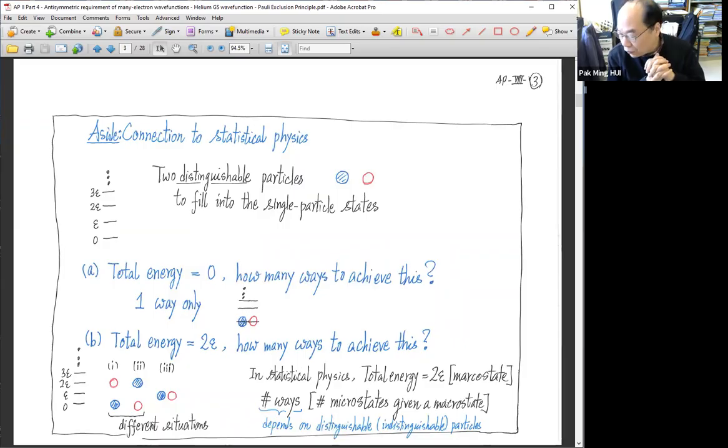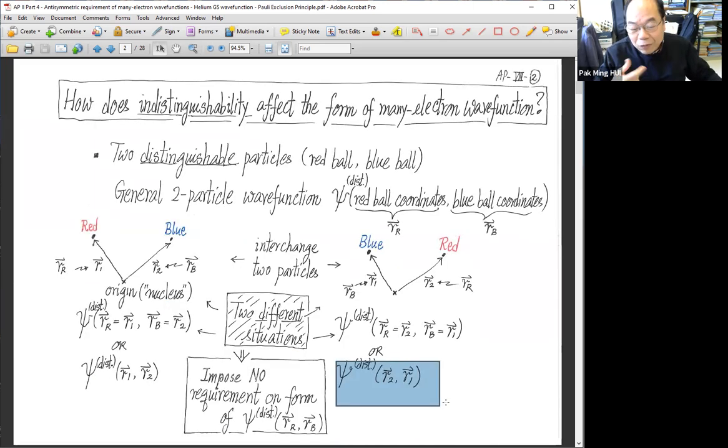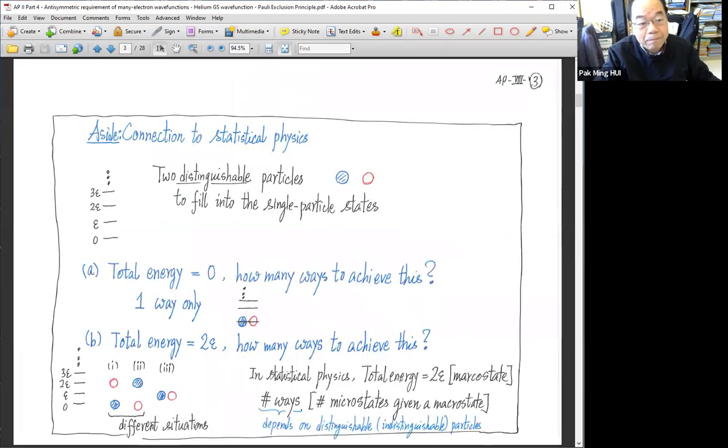I know that some of you are doing the thermal and statistical physics course. So just to make a connection to your other course, for the case that we consider as a warm-up example, distinguishable particles, in thermal physics, you will encounter a counting game.